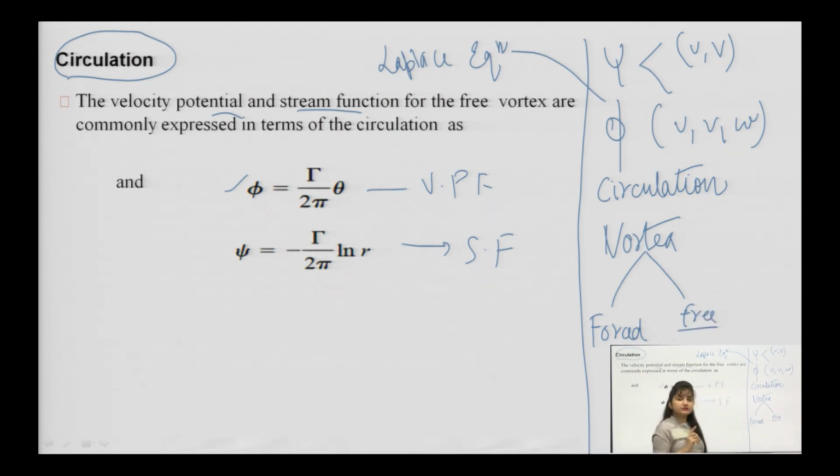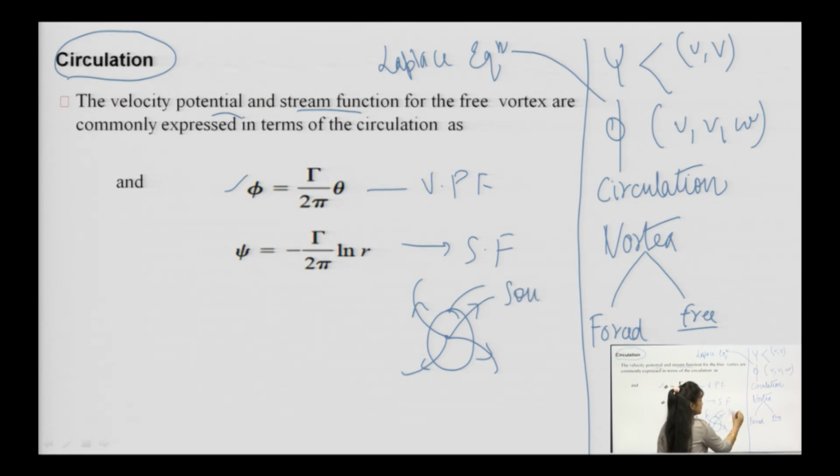With the help of these forced and free vortices, we can also study the source, sink and formation of doublet, which is nothing but the case of u and v only. Source is where the flow is radially outward from a particular point, and that particular section will be known as source.